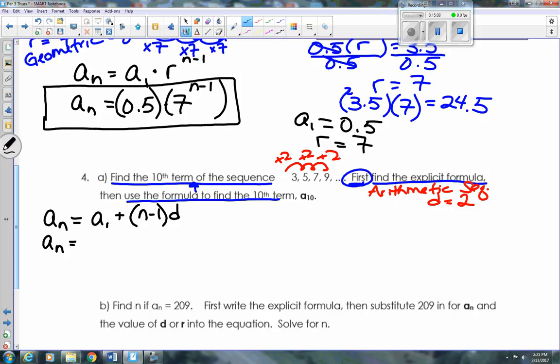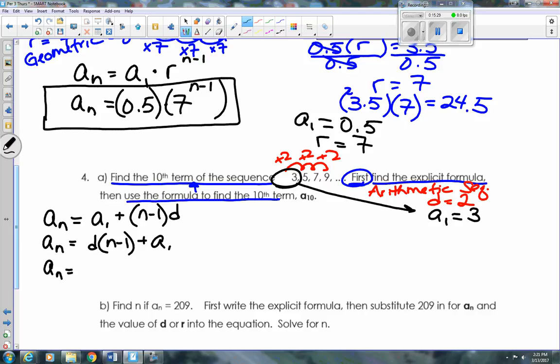However, I like to rearrange this: d times n minus 1 plus a1. All right, we've got d. d we said is equal to 2. We need a1, the very first term, 3. I'm going to substitute those in.